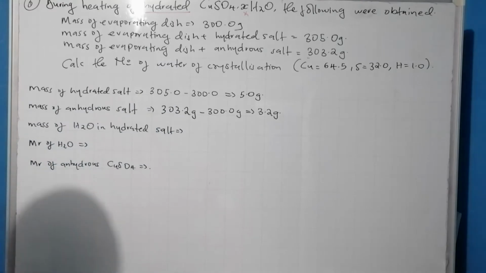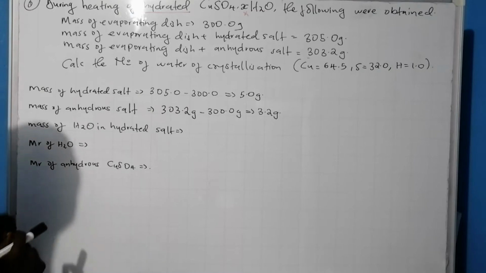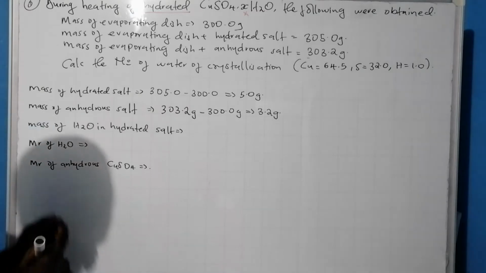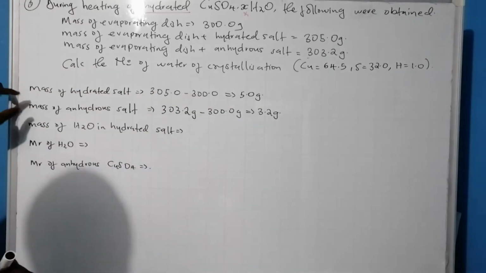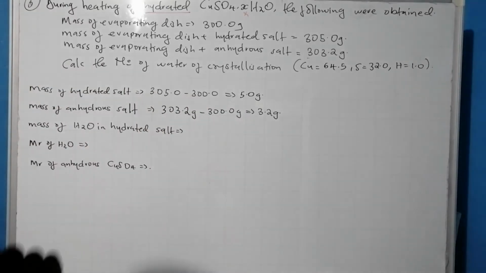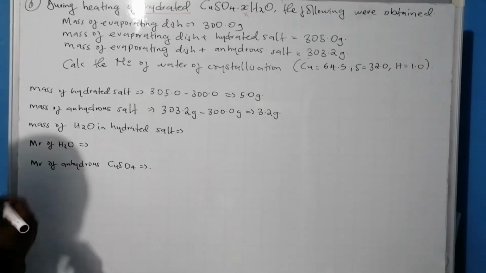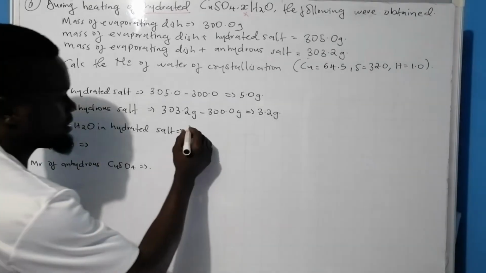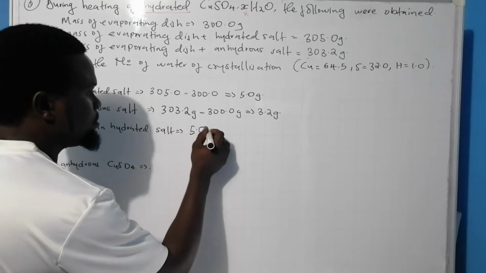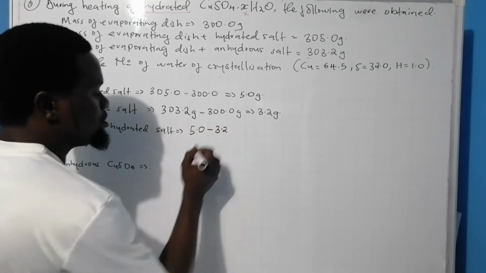Now, how do I get mass of water in the hydrated salt? Keep it in mind that the hydrated salt is 5.0 gram and anhydrous salt is 3.2 grams. So how do I get the mass of water? I will take 5.0 minus 3.2 grams.